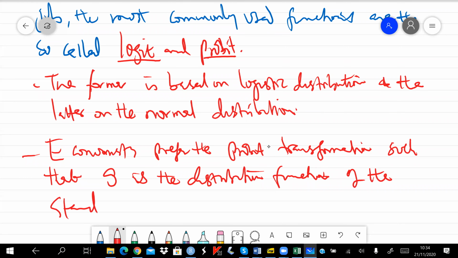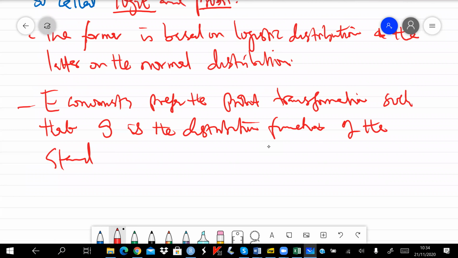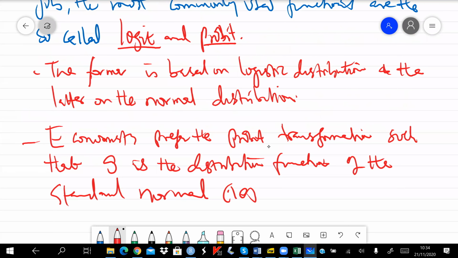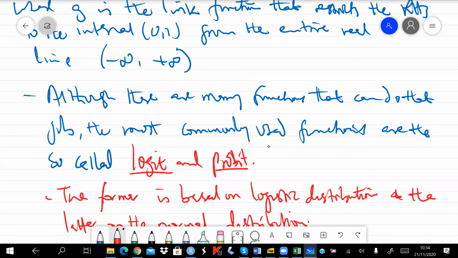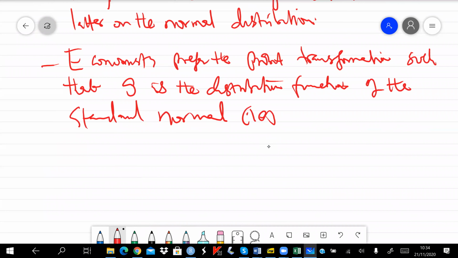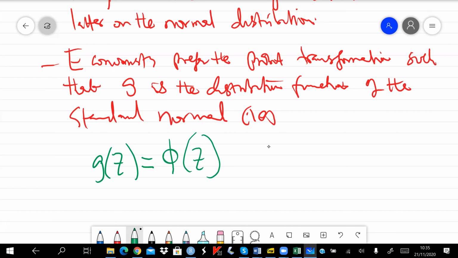Standard normal is what is usually denoted by Z. That is, you have G of Z. G of Z is equal to phi of Z, where phi is the symbol that we use for cumulative probabilities under the standard normal distribution.